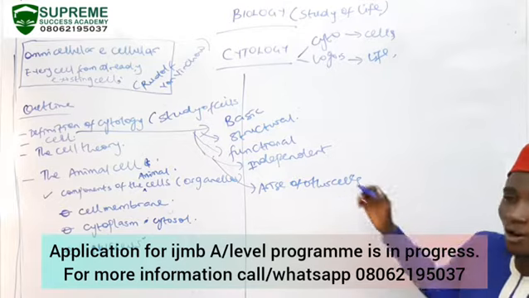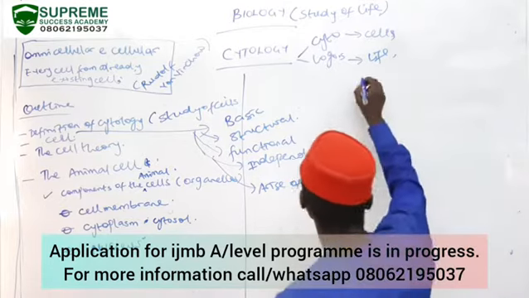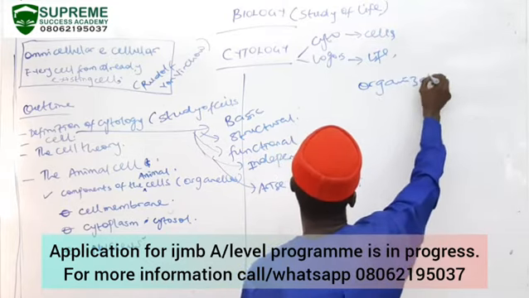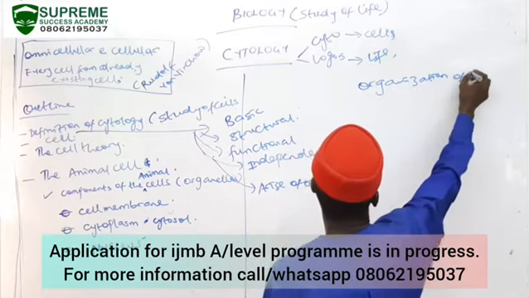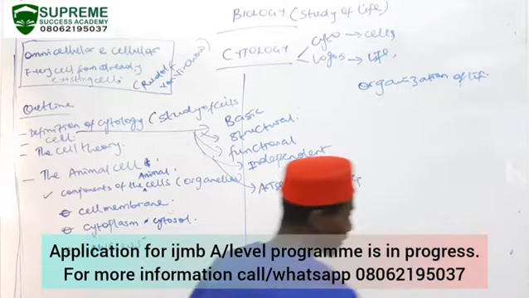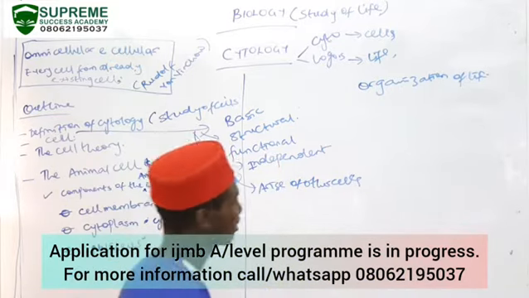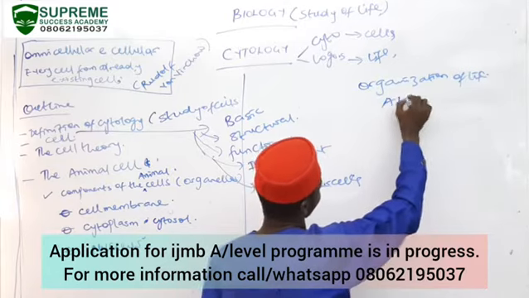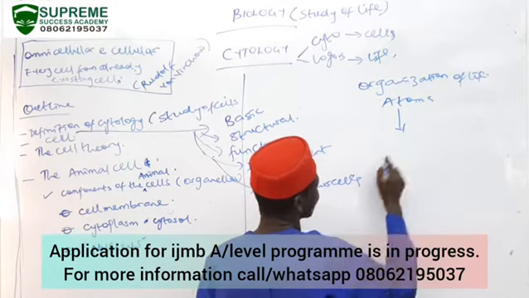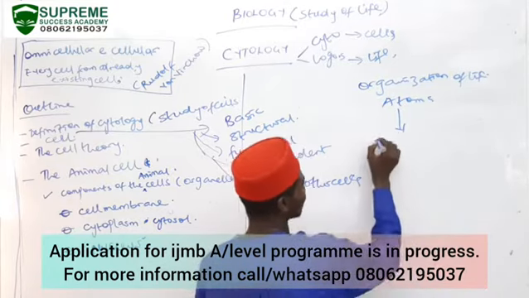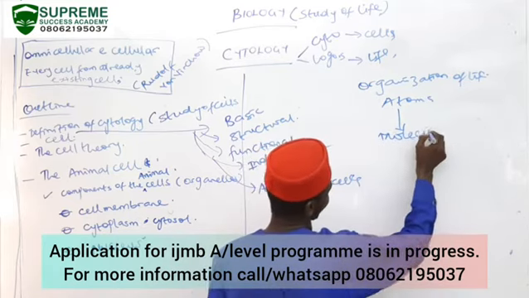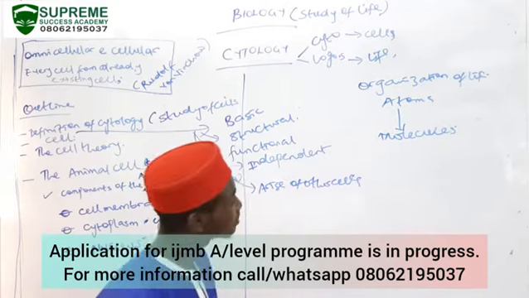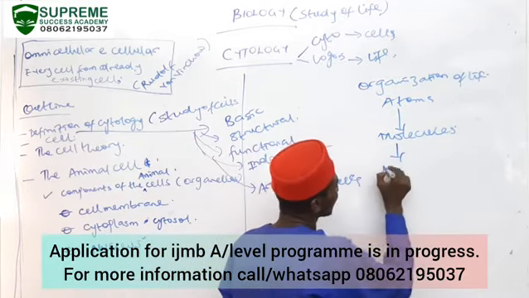If we look at the organization of life, we can begin to understand this. We start from atoms, and a collection of atoms unite to give us molecules. A group of molecules combine together to give us macromolecules.